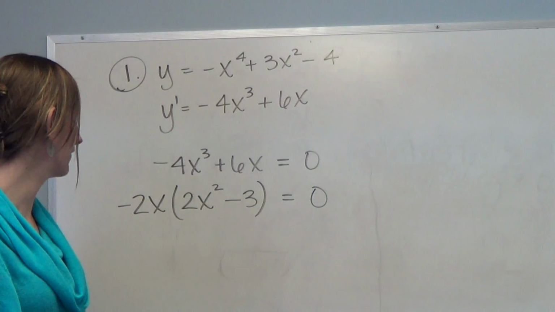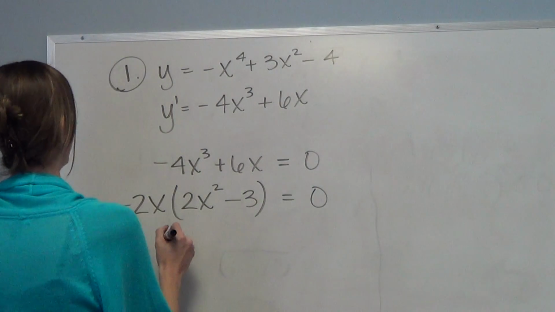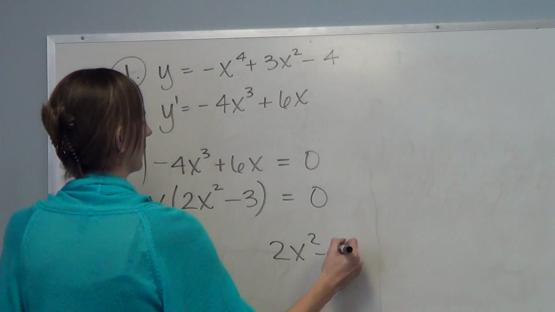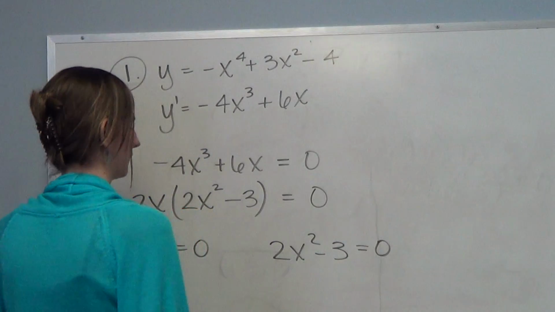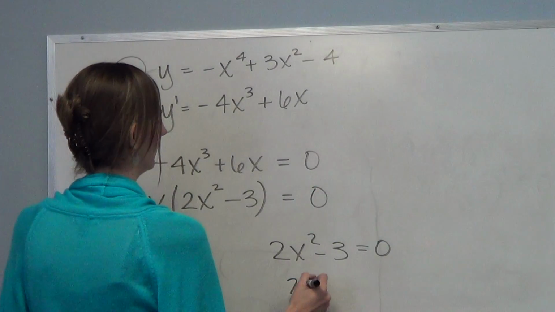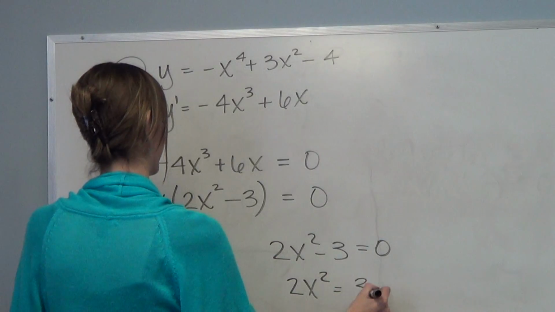So if it's equal to 0, we'll have x can be 0, or 2x squared minus 3 can be 0. So 2x squared equals 3.